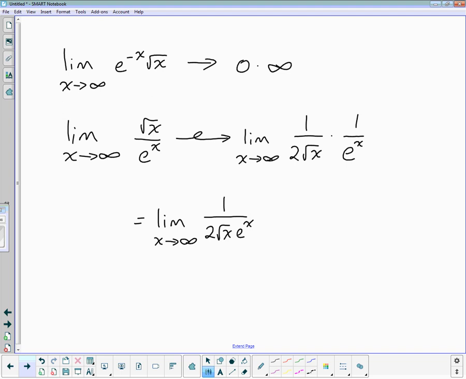Your numerator is still 1. It's always 1 in this case. But my denominator, even though I have infinity times infinity down below, which is something big times something big, which is still big. And this guy goes to what? 0. Okay?